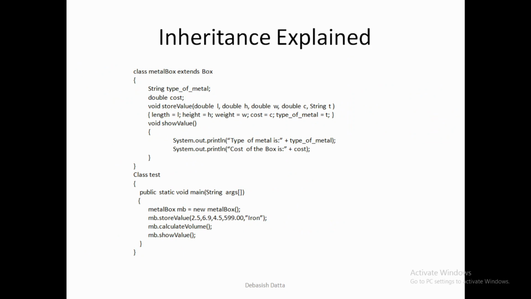Now the MetalBox will have all the properties of the Box along with a new variable, that is type of metal, and another new variable, cost, that we want to add to this MetalBox class. Also we want to add two more methods or functions into this MetalBox class. The names of these functions are store value and show value.